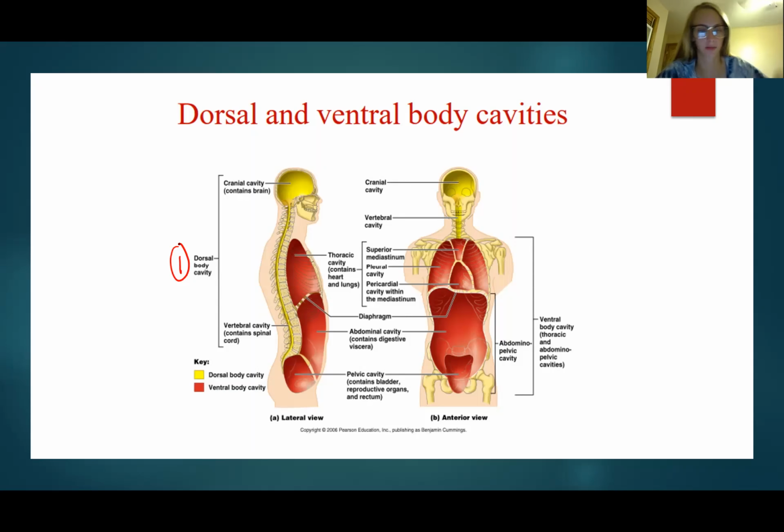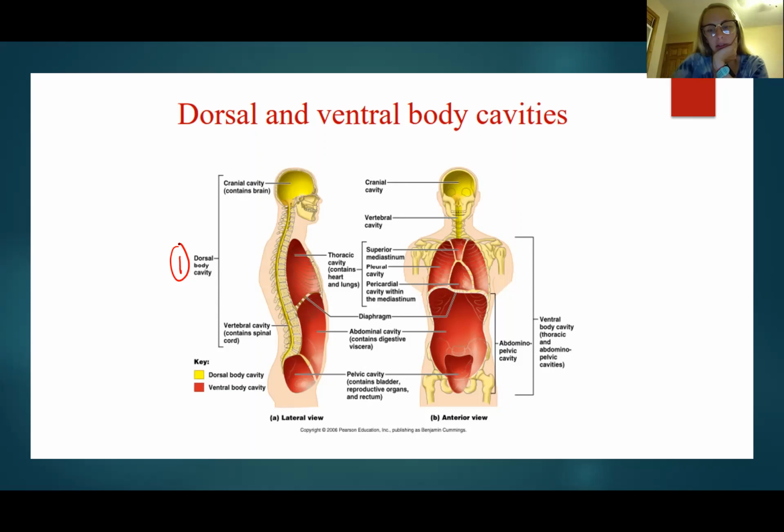It's kind of like your shell. So your vertebral cavity contains your spinal cord, and your cranial cavity contains your brain. And that is what makes up the back side of your body. And you can think about that really. If you look at your own body or think about your head all the way down your spine, the things on the back side are really just those bones and your brain.